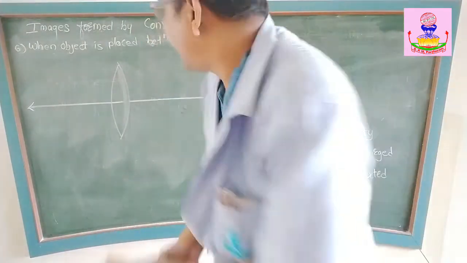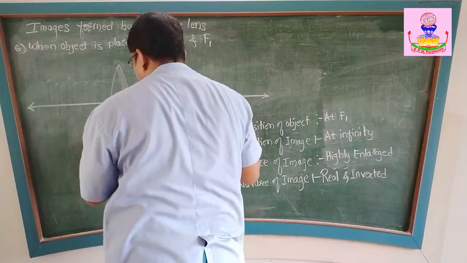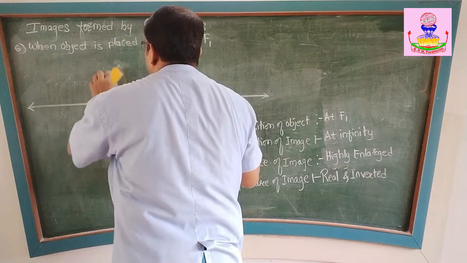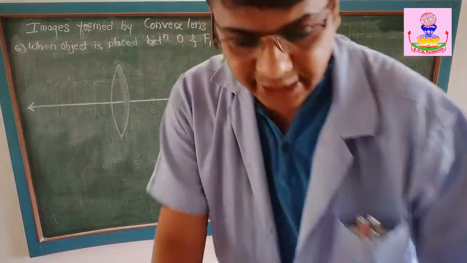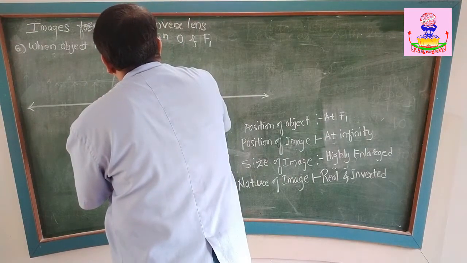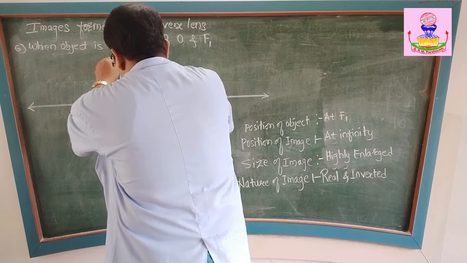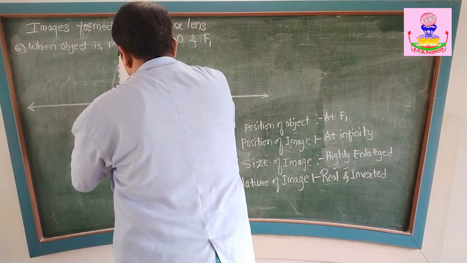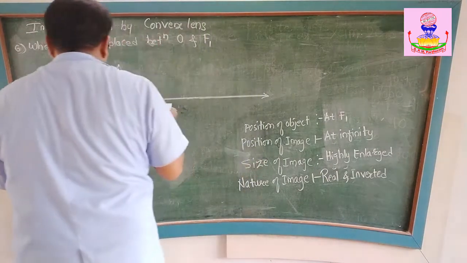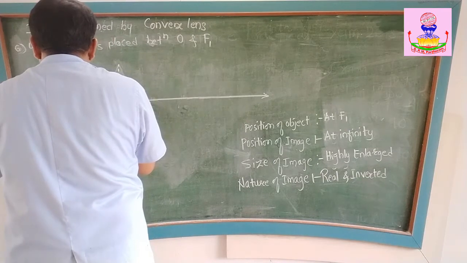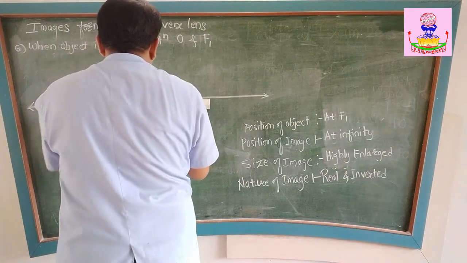Okay, erase the additional arcs, the extra arcs which are at the point of intersection. Okay, draw the vertical axis. Draw F1 and F2, 2F1 and 2F2.